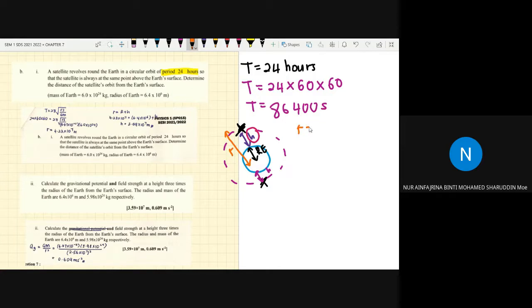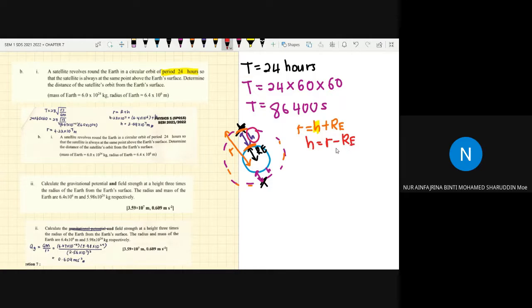Therefore, you punya R adalah height tambah dengan radius of Earth. But now kita nak cari distance from satellite orbit to the Earth surface. So from the satellite orbit ni lah kepada surface of the Earth. So maksudnya kita nak cari H. So nak cari H, kita akan ambil R tolak dengan radius of Earth.